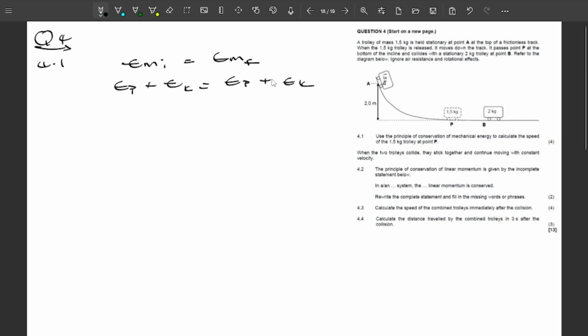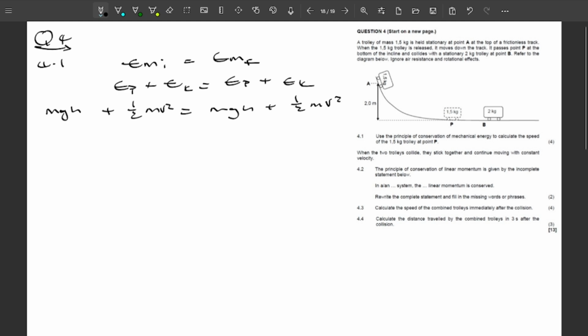We know that potential energy is defined as mass times gravity times height, and kinetic energy is 1/2 mv squared, and the same goes for the other side. For someone wondering why I should write both of them, here's why.